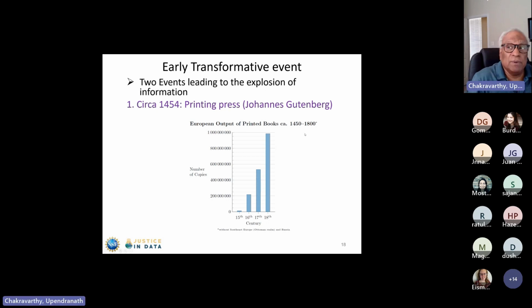So this revolutionized the availability of data in some form. And that was the first thing that really changed everything, because people did not have to copy books and manuscripts anymore. They could easily print it and make it available. That was the first revolution.